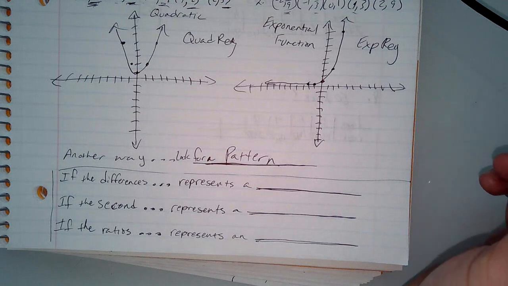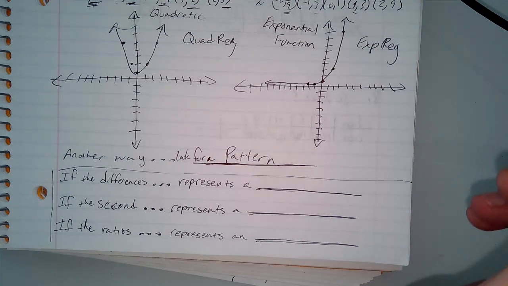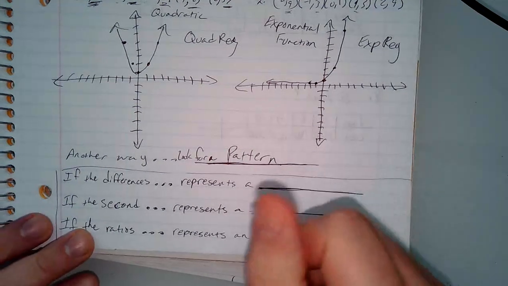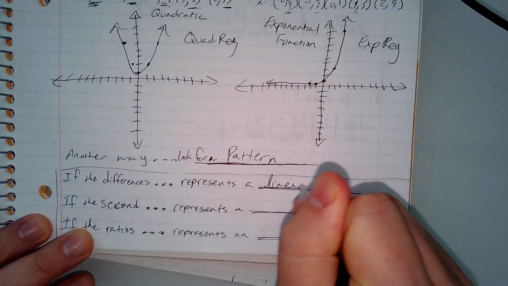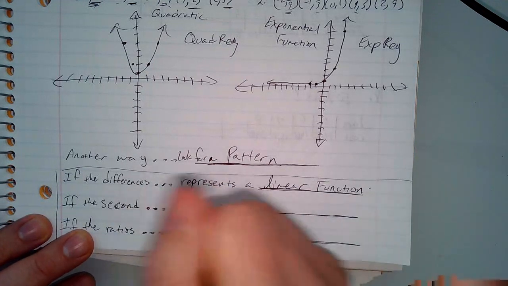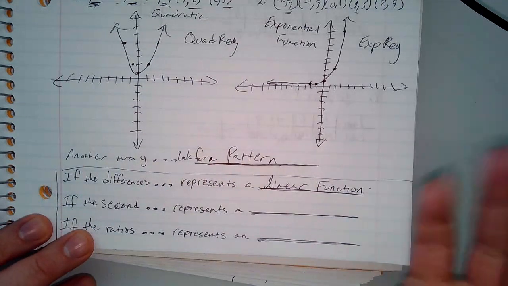If the differences of successive y values are all equal, the data represents a linear function. So if the change in y is always equal, then it's a linear function.